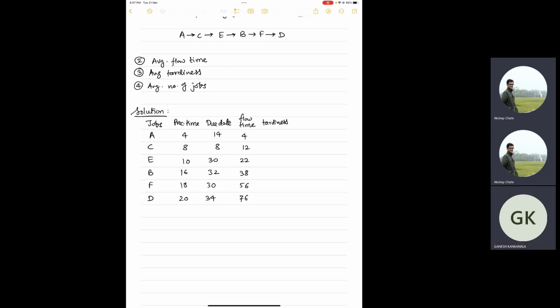Then you will not look at the processing time. You will look at the due date, and then you will reshuffle again, right? Yes, sir. So that's how it goes. Here, the underlying assumption is we are at day 0 and we are using SPT, shortest processing time.